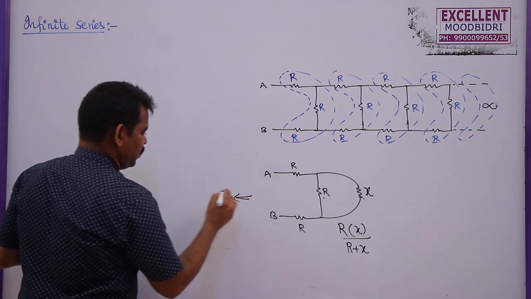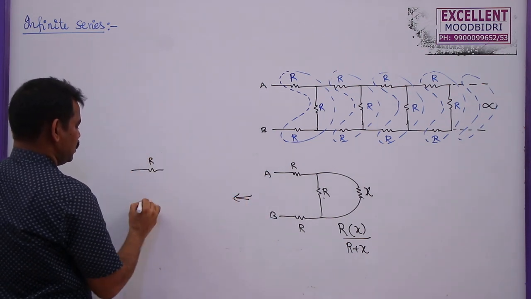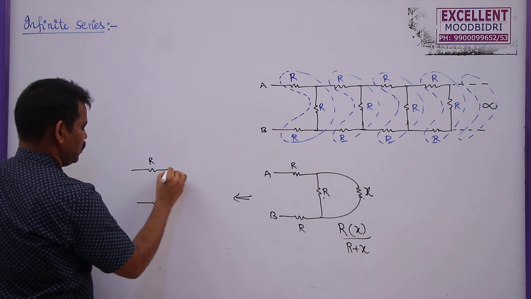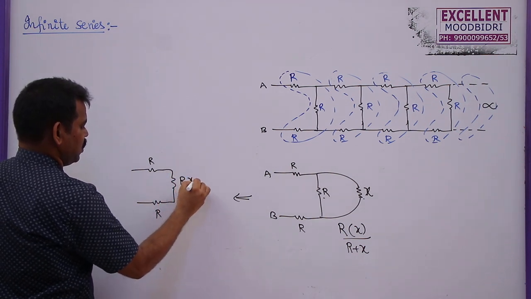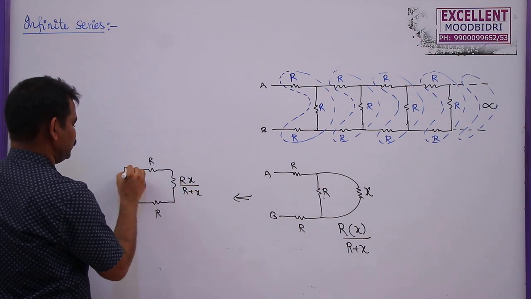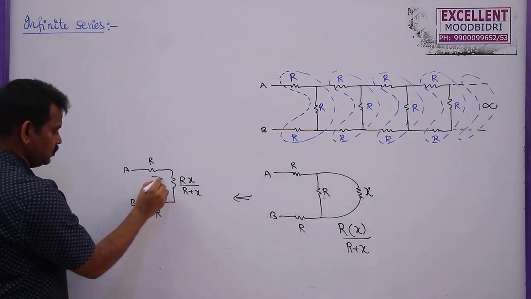This circuit can be redrawn like this. This is R, this is also R, but now this value is R into X by R plus X between A and B. Now these three are in series.